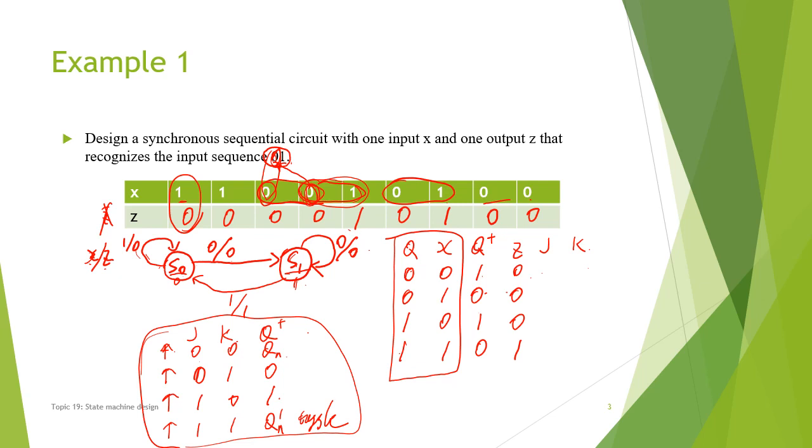You can think of the JK flip-flop as changing from unchanged to set, but it can also be thought of as changing from reset to set, right? So we need to look at the reset and the set. For set, JK is 1, 0. For reset, it's 0, 1.